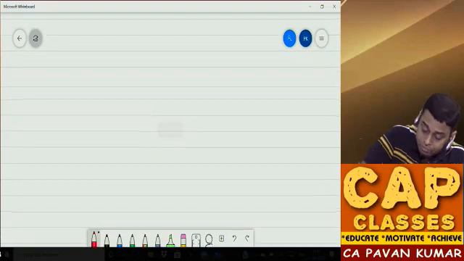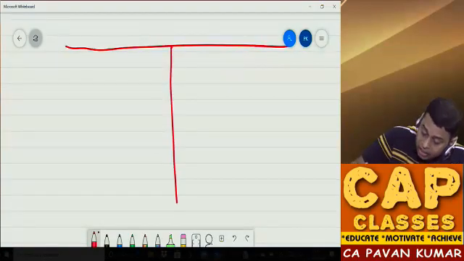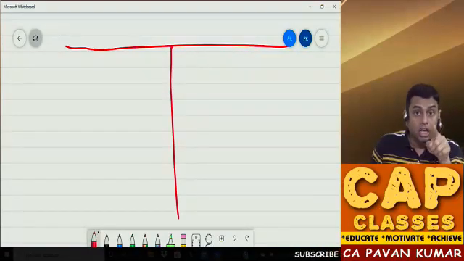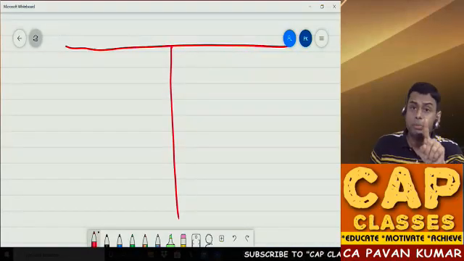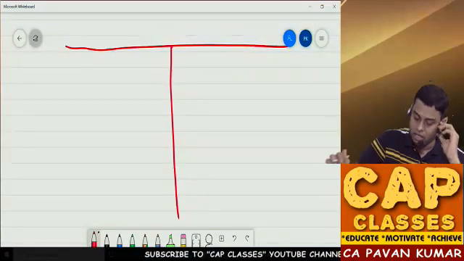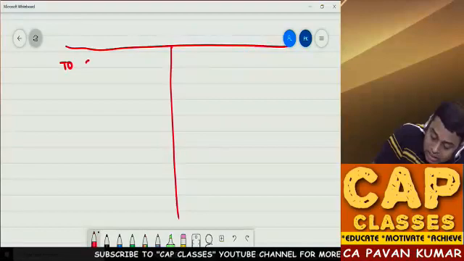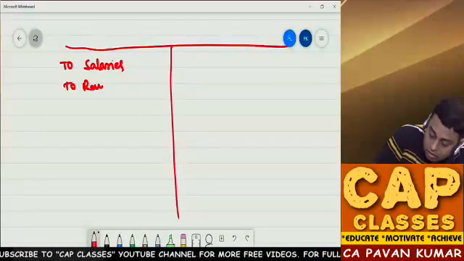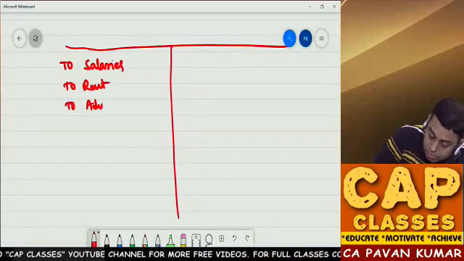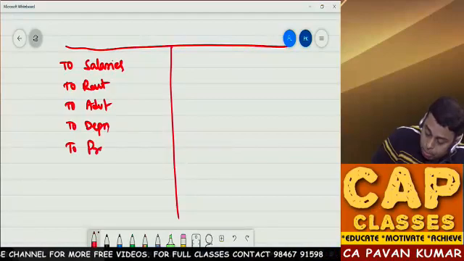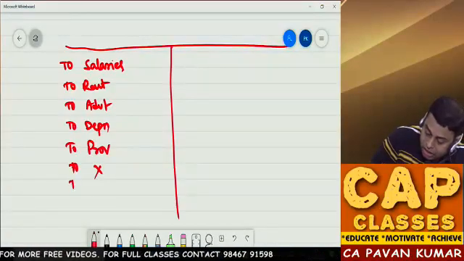Now look here. Audit opinion is on the overall financial statements, not on any individual transaction or event. So here, to salaries, to rent, to advertisement, to depreciation, to provisions to XYZ.